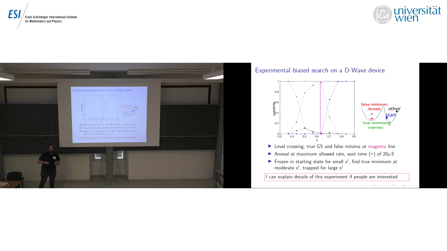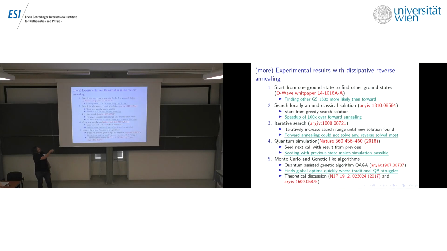People have now also looked at using this algorithmically, again in a dissipative regime, so it's not directly relevant to what I've been talking about before, but just to give you a flavor of the idea that you can get something interesting out of hybrid subroutines. And there are tons and tons of papers. Here's a quantum simulation paper where seeding the simulation with previous states actually made it possible, a speedup of 100 times, things like that.